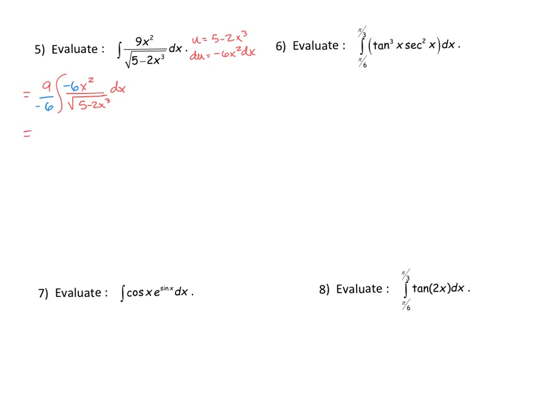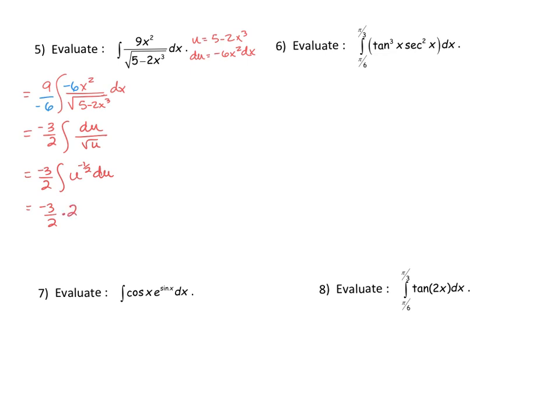If we reduce the fraction, it'll be negative 3 over 2, and we have the integral of du on top. Negative 6x squared dx is du, and then it's over radical u. To make that easier to do, we'll write that as the integral of u to the negative 1/2 du, which is negative 3/2. If we add 1, we get 1/2. Divide by a half, it's times 2.